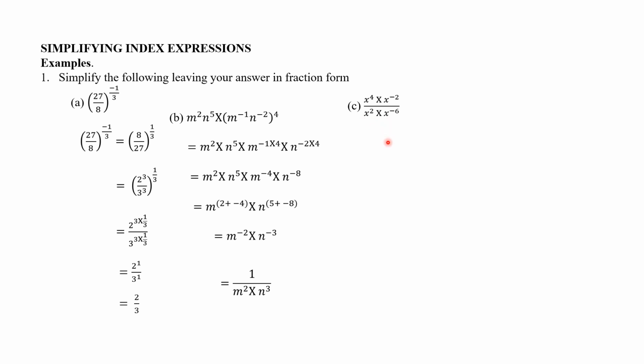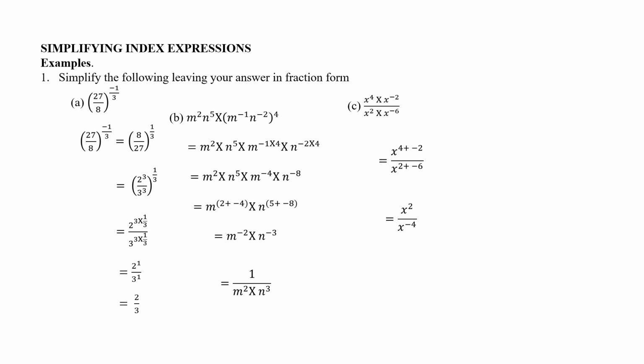So we write one base, then we add the powers. So which is x power 4 plus the negative 2, then x power 2 plus the negative 6. When you add the powers there, we shall have x power positive 2, and then when we add the power there, we shall have x power negative 4.